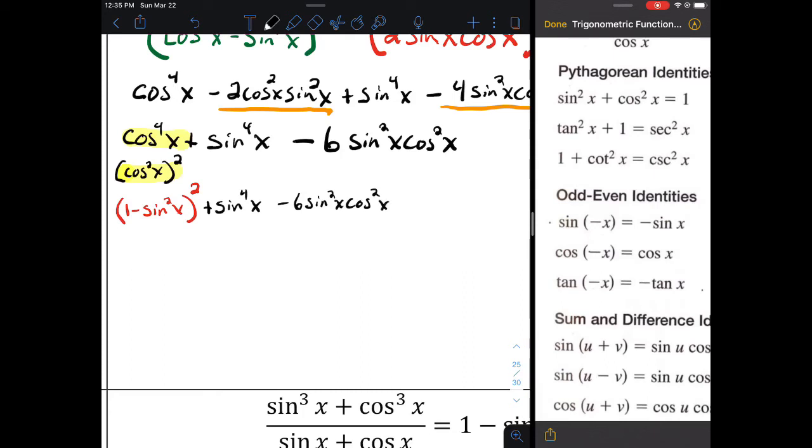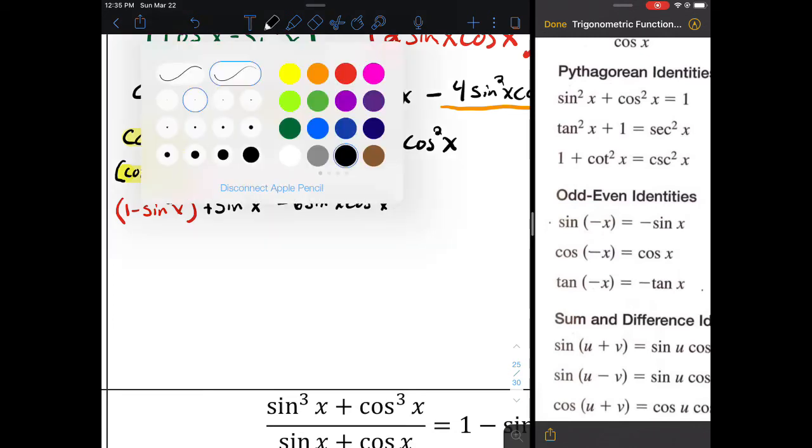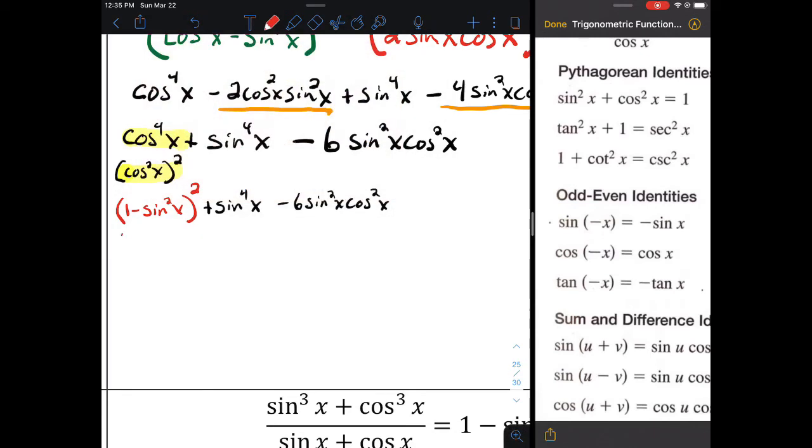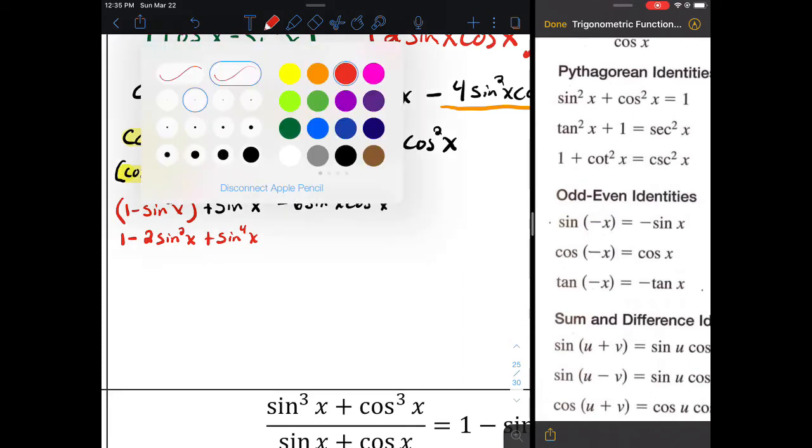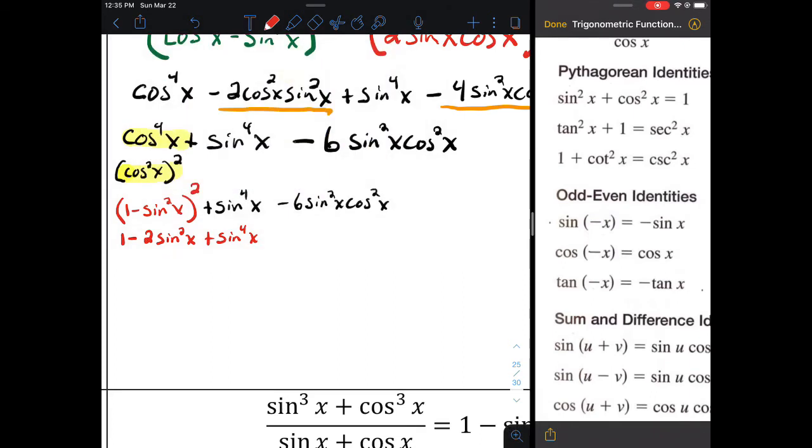And then we're going to multiply out, or FOIL out, or expand that binomial that's being squared. And when I do that, that makes 1 minus 2 sine squared x plus sine to the 4th x. And then you'll see maybe here how that is going to allow me to proceed.